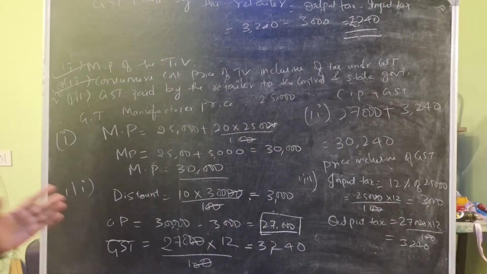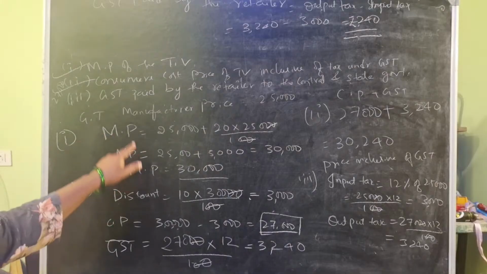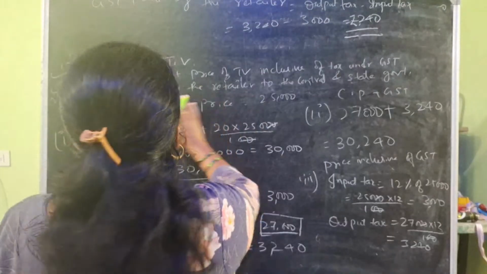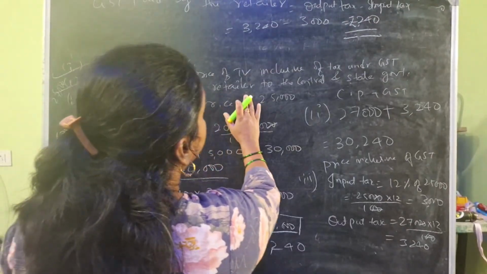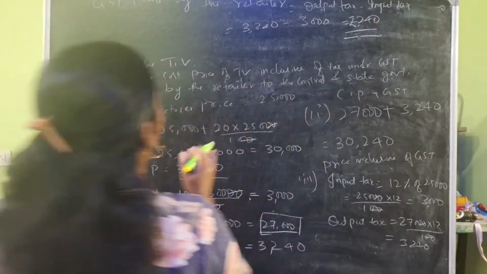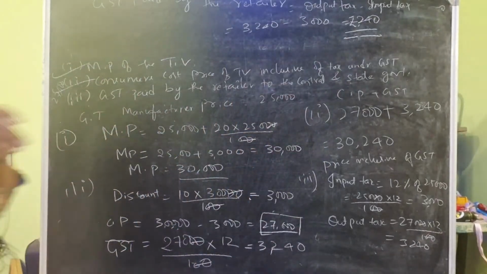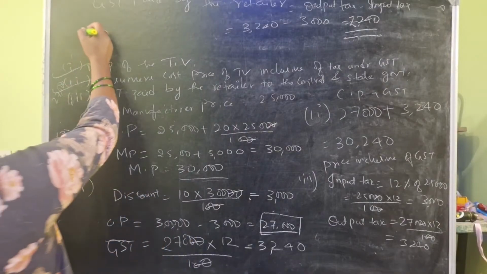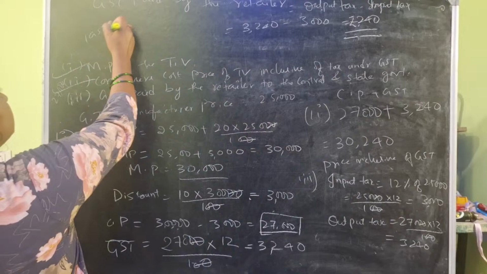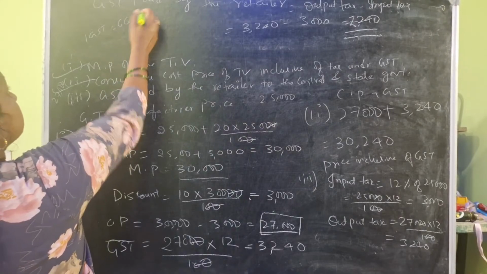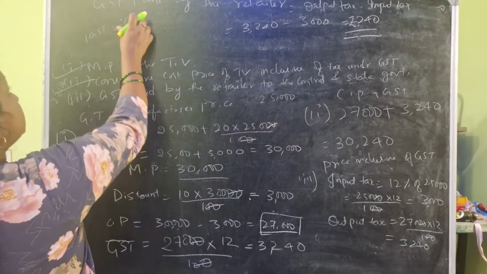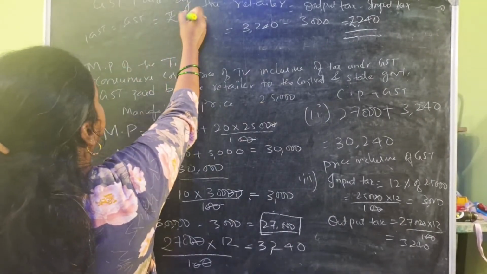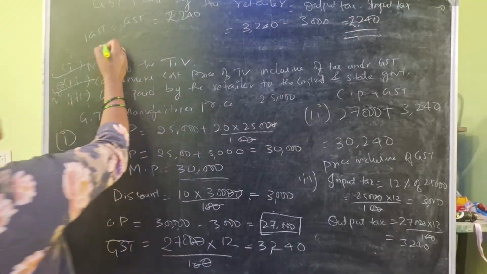So in the third question they have asked to find the GST paid by the retailer to the central and state government. Since the transaction is interstate, the only tax applicable is IGST, which is equal to the GST, that is rupees 240.